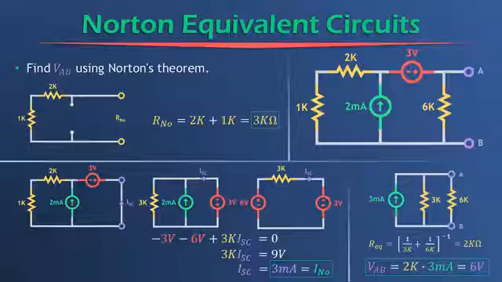Now we've used Norton's theorem to find the same answer. So it's really up to you. Which one do you like better? Use whatever one makes more sense for you.